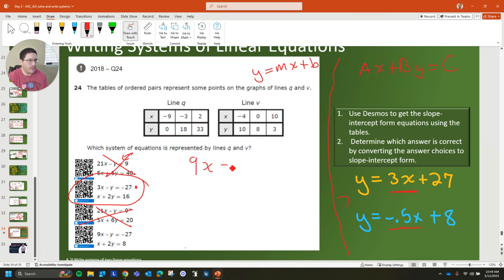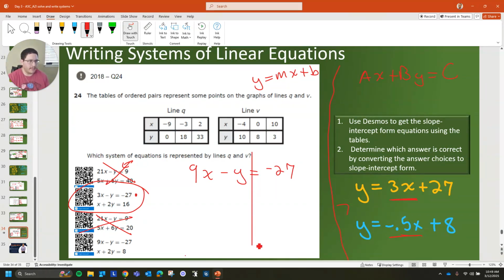9x minus y equals negative 27. Again, trying to get the y by itself, I'm going to subtract 9x from both sides. Negative y is equal to negative 9x minus 27. Divide both sides by negative 1.